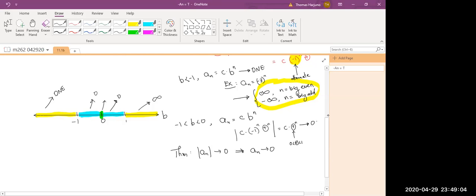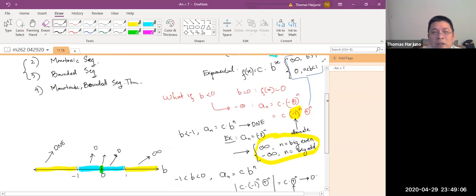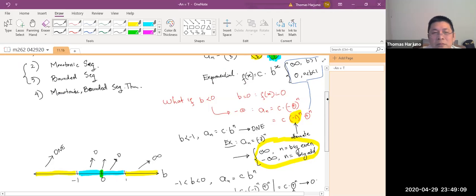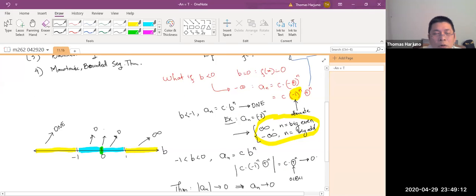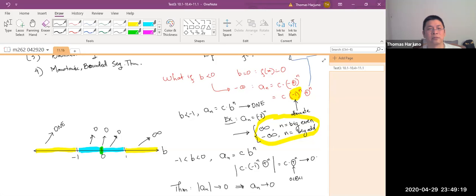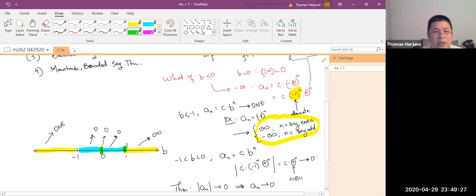Now, what happens if it is exactly 0? Imagine if the base is 0. 0 to any power is 0, so it's already dead on arrival. Right? Now, how about if the base is 1? 1 to any power is 1. Right?